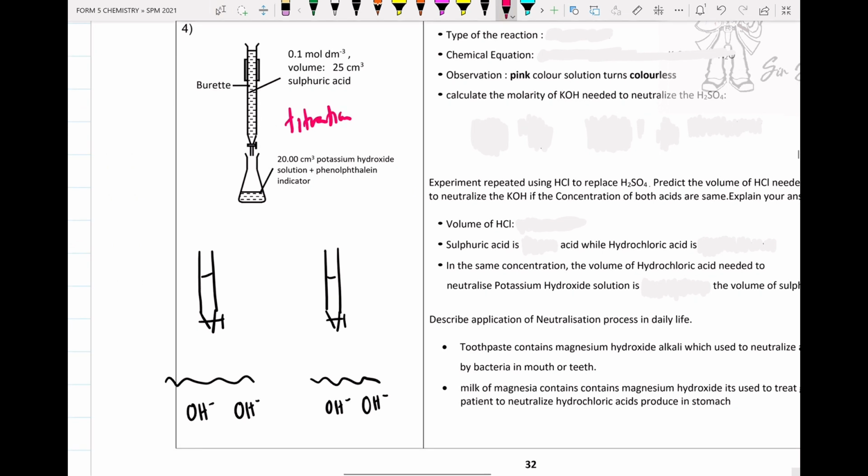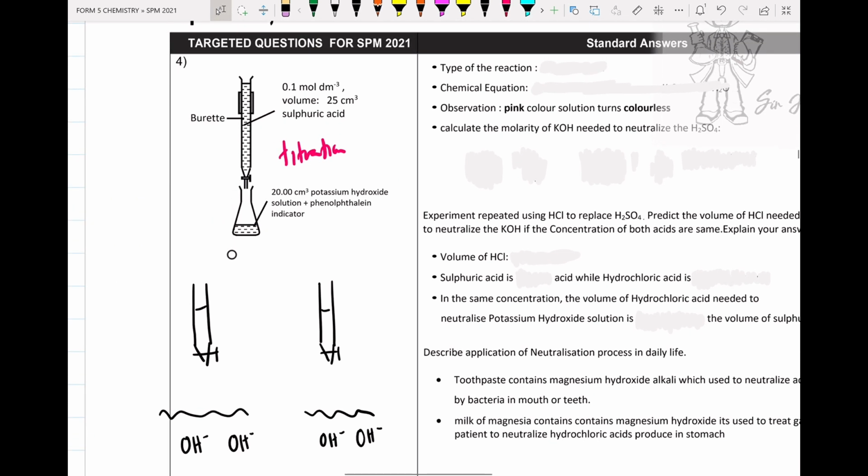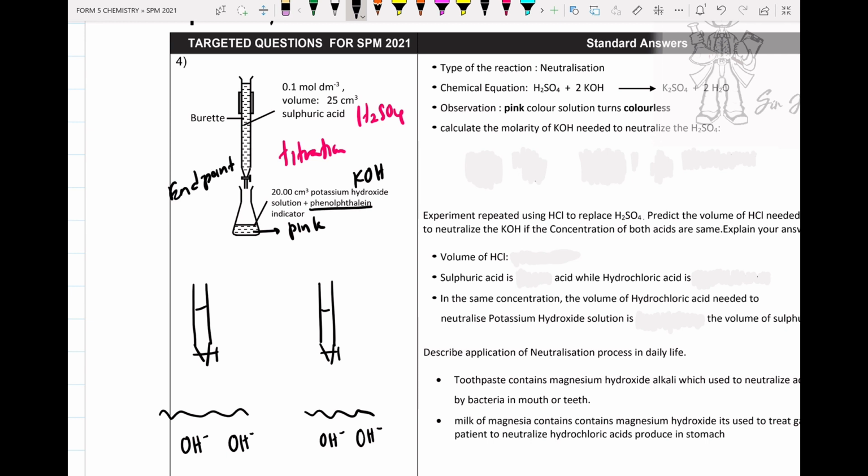So titration involves a neutralization reaction. Once your students see this one, what is the type of reaction? Neutralization. And the chemical equation: here we have sulfuric acid reacted with potassium hydroxide. So during this neutralization reaction, potassium sulfate salt will be produced. When we have phenolphthalein, this indicator will turn pink. During the endpoint, the neutralization point, the pink solution turns colorless, which is the observation.